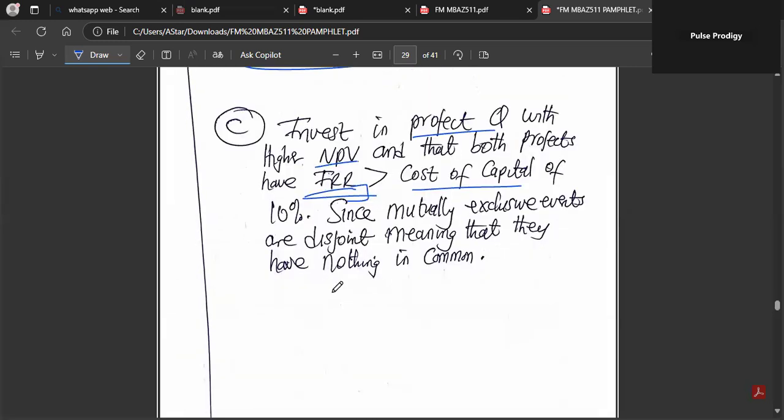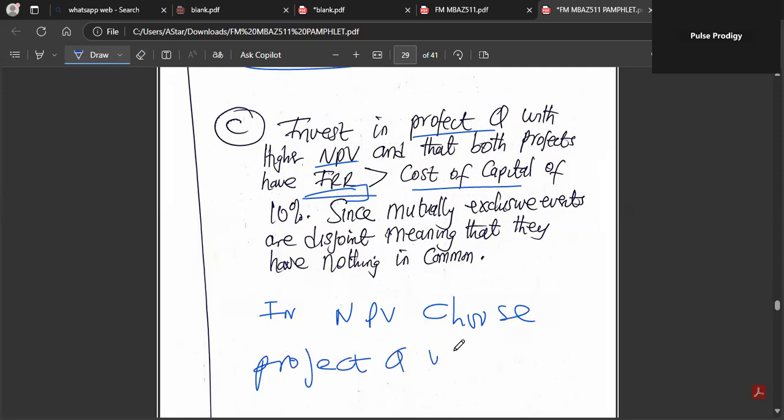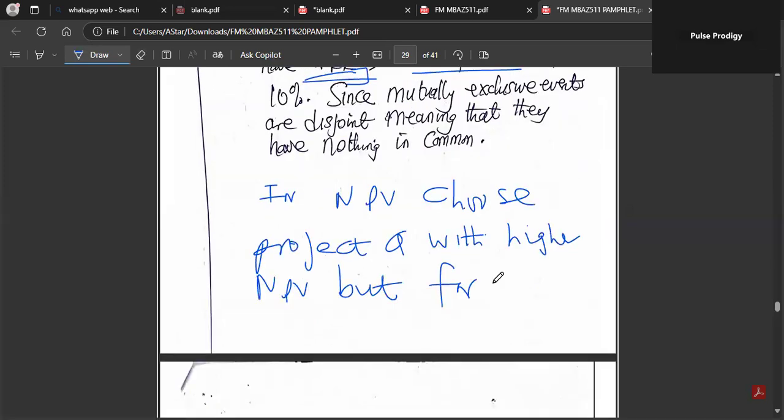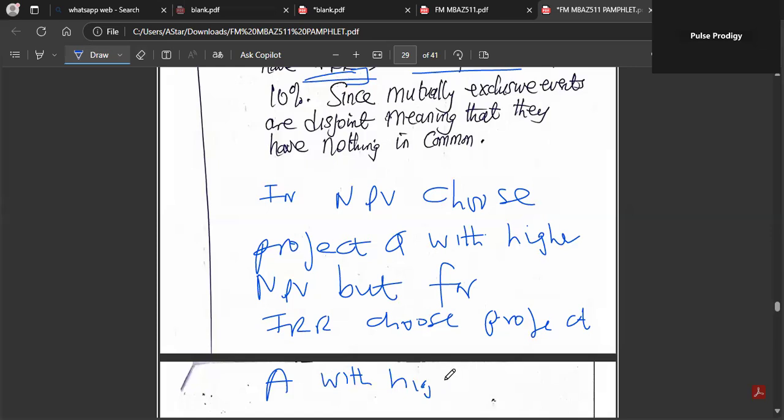So in short, for NPV, choose the project with higher NPV, which is project Q. But for internal rate of return, you can choose project A with higher internal rate of return.